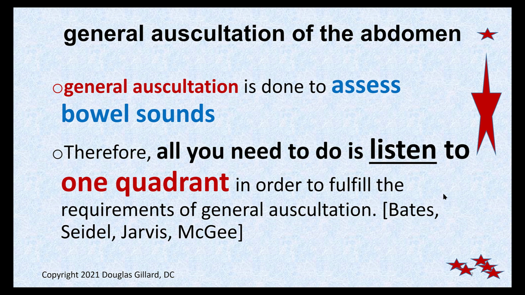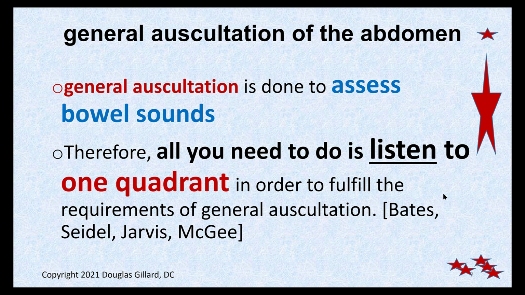The only function of general auscultation is to auscultate for bowel sounds, clicks and gurgles. Another thing you guys don't do correctly, you don't auscultate all 4 quadrants. All the board books, Bates, Seidel, Jarvis, McGee. Jarvis isn't even a board book.